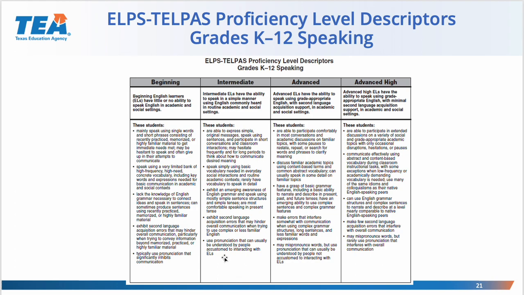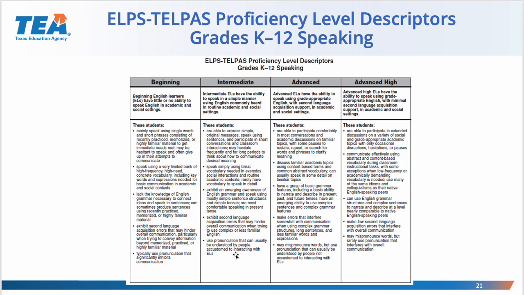But if you can understand because you're accustomed to that, then they're probably intermediate, right? But again, if you're moving up the rubric here, it says that can usually be understood by people not accustomed to interacting with ELs.